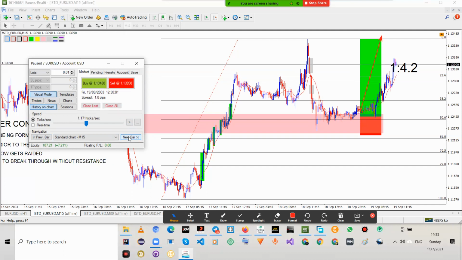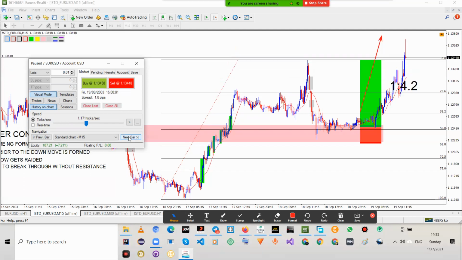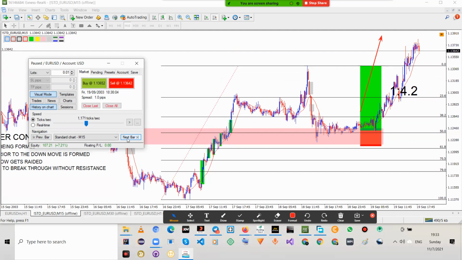So let me just play out my backtesting software right here. As you can see, price is moving really violently and swiftly and beautifully to our target. Our take profit has been hit and our profit has been bagged. We have run away with our 98 pips, guys. From this trade setup, the breaker is a real winner.